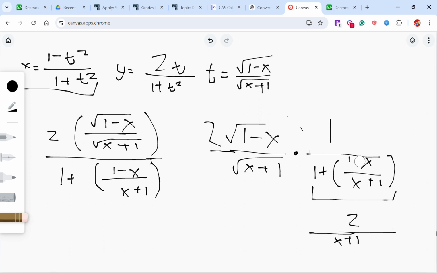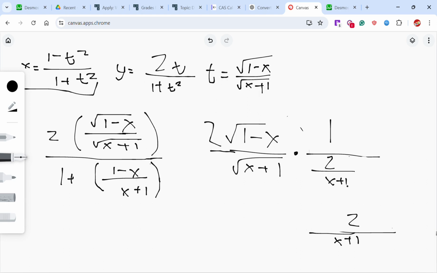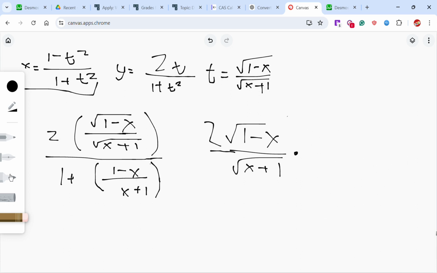So if you erase this and replace it with what it's supposed to be, you can get plus 1. That is equivalent to x plus 1 divided by 2. And then from there, you can multiply that with the first equation. These two 2's cancel out. And then you just plug this here.